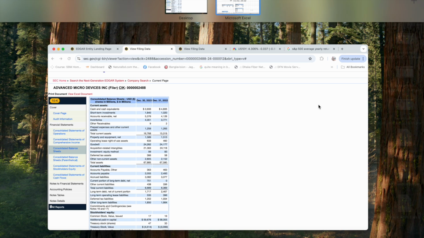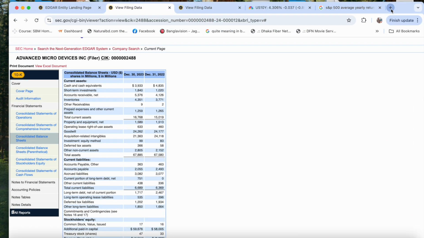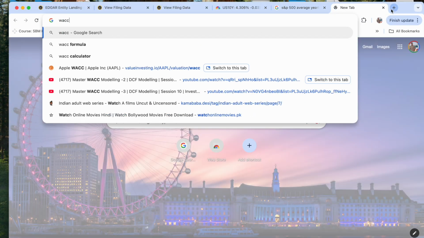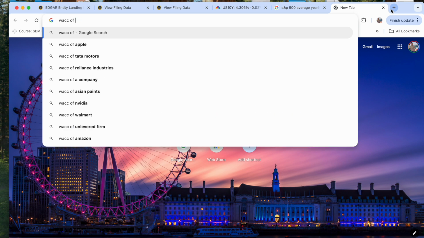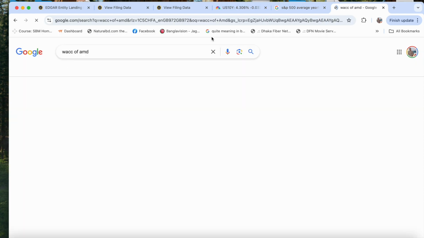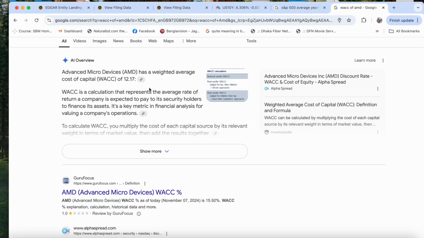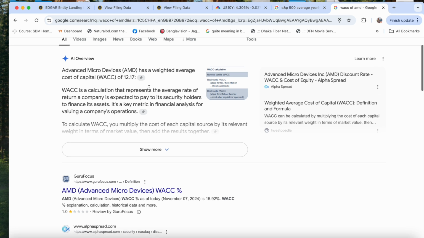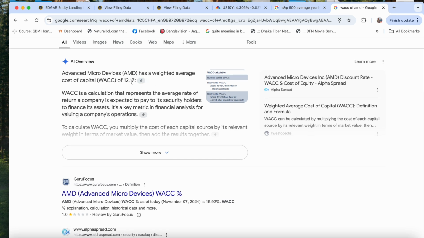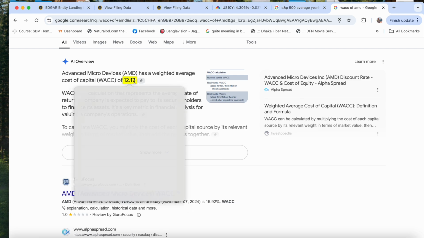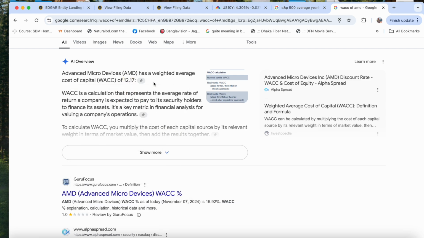So let's find out the WACC from the actual investor analyst who did it for the company, the specialist. So WACC of AMD here is 12.17%, which is quite the same. Ours is 12.04%, which is quite the same.